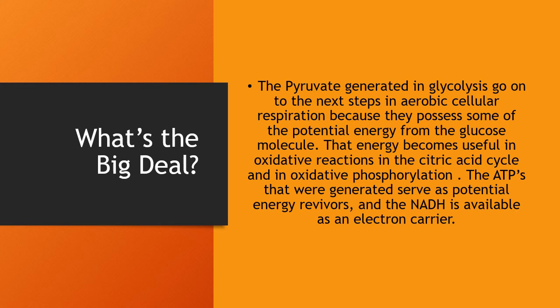And later on, when oxidative reactions in the citric acid cycle take place, that potential energy can be used. And in addition, the ATPs that were generated, those are potential energy reservoirs. And the NADH, those are going to be your electron carriers. So most of the products from glycolysis go on to be used for later reactions.